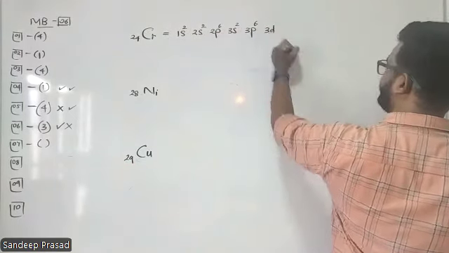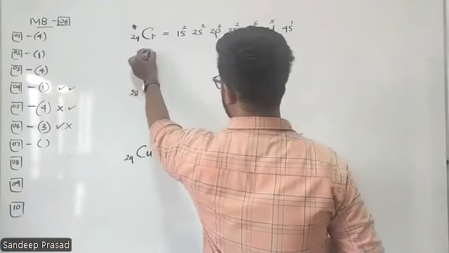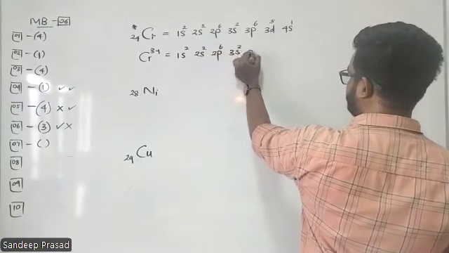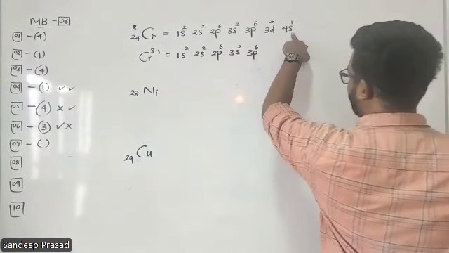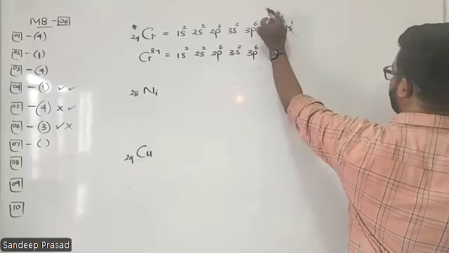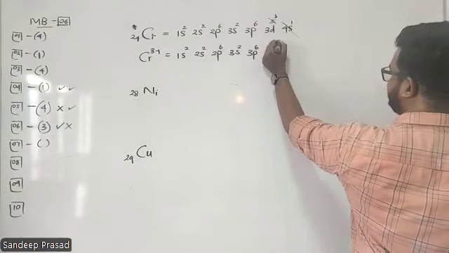Now they're asking how many unpaired electrons in chromium 3 plus. Then Cr3+ cation. Cation means it's removing 3 electrons. Then the configuration is 1s2, 2s2, 2p6, 3s2, 3p6. Remove the 3 electrons from the valence shell, 4s1, and we have to remove 2 electrons here also. Then the remaining thing is 3d3.